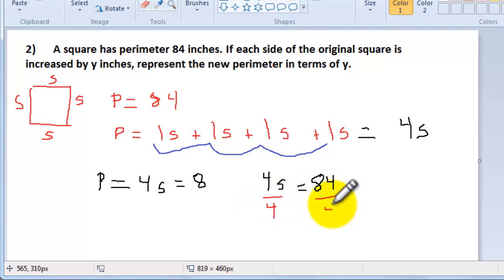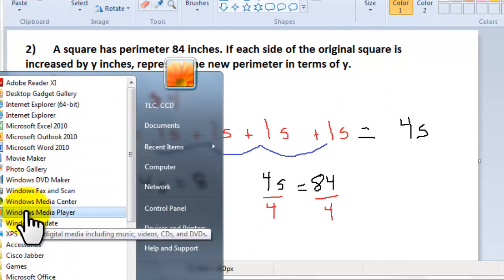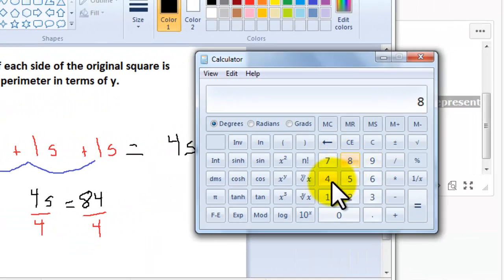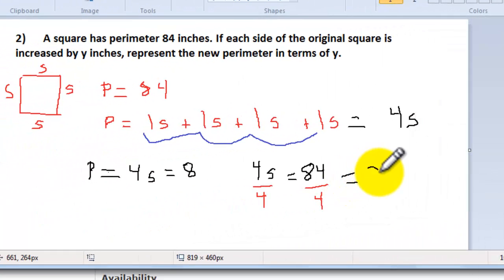If you divide 84 by 4, you will get the length of one of these sides. And that's really the objective there. So if we have a calculator, where are we? 84 divided by 4 equals 21. So we know that one side is 21.